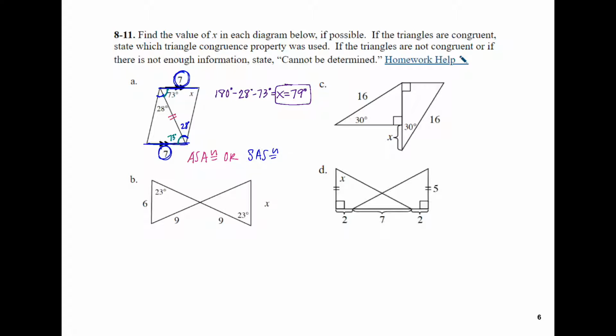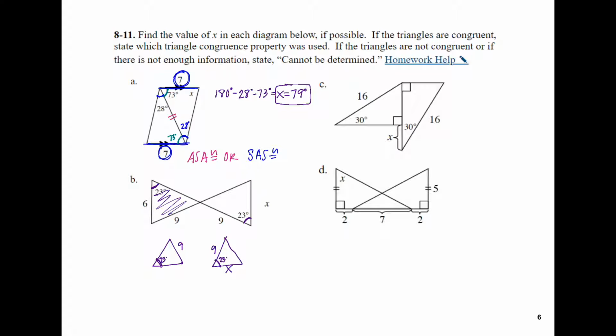Looking at example B, I noticed that this angle is 23 degrees and this angle is 23 degrees. So if I draw my triangles so that I can see both 23 degree angles next to one another, you can tell that they are corresponding angles, and I label both of my triangles.